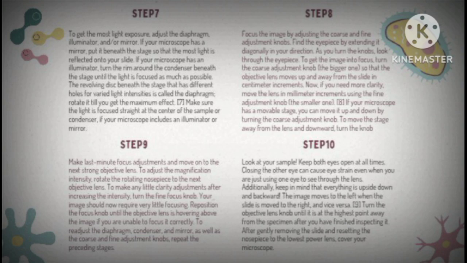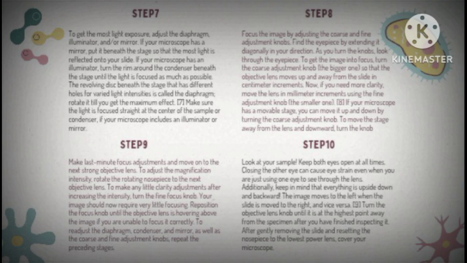Turn the coarse adjustment knob, the bigger one, so that the objective lens moves away from the slide in centimeter increments. Now, if you need more clarity, move the lens in millimeter increments. Use the fine adjustment knob, the smaller one.